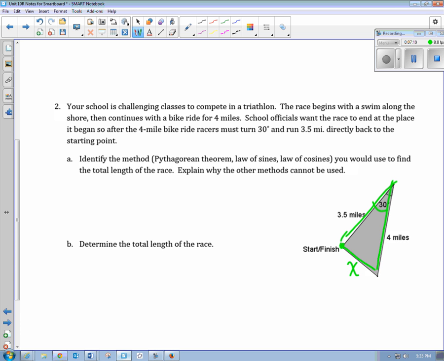As I start crossing things out in my mind, if I consider Pythagorean theorem, can I use that? Right away my answer is no, because there's not a right angle. It has to be a right triangle to use that.